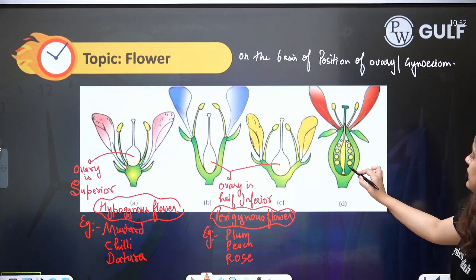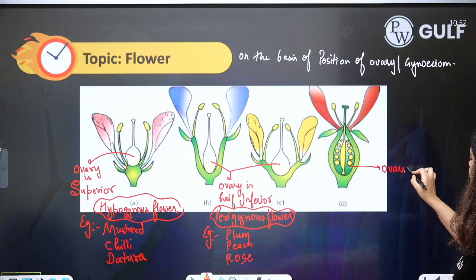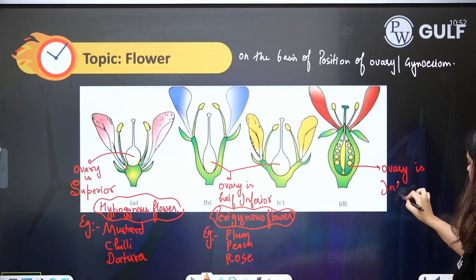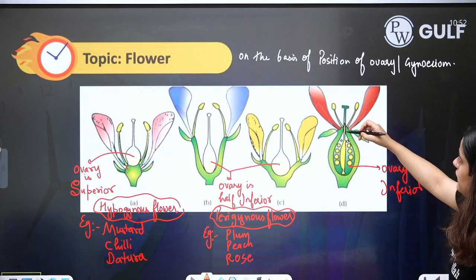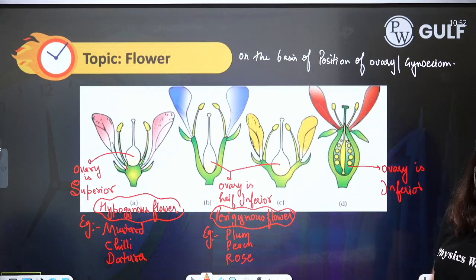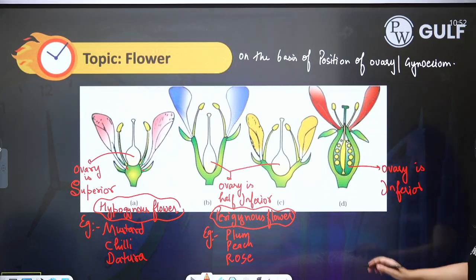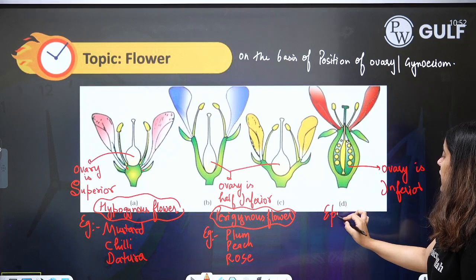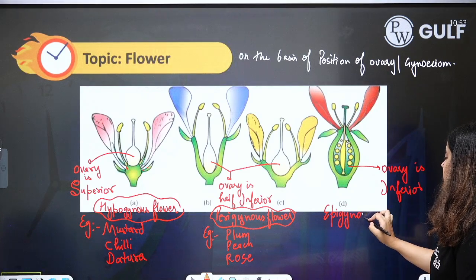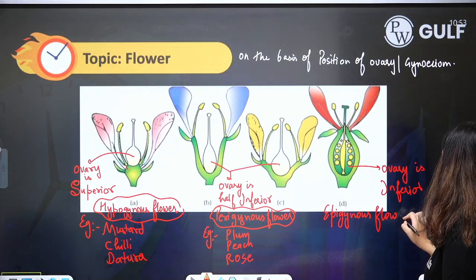Here you can see that the ovary is inferior. All the whorls are growing above the ovary. Such a flower is known as epigynous flower.